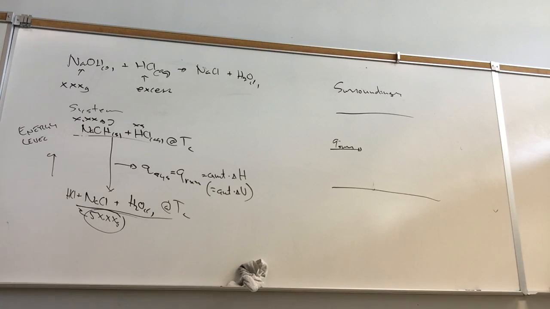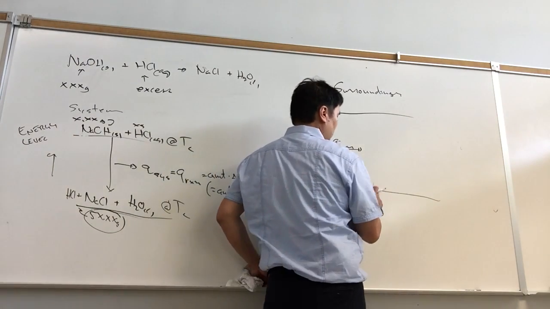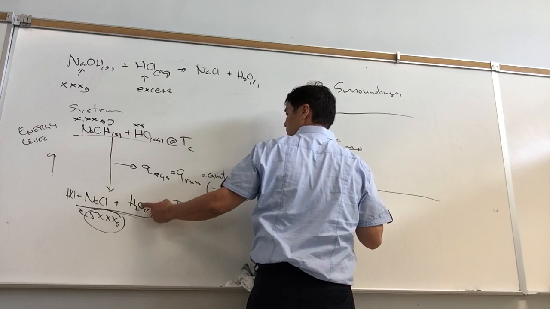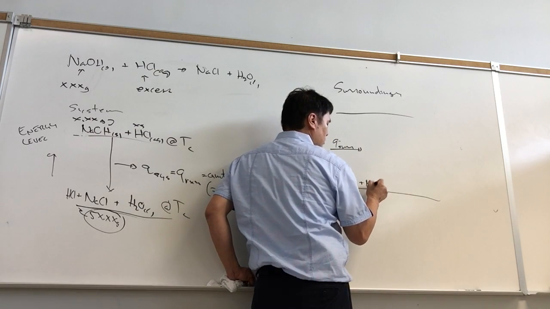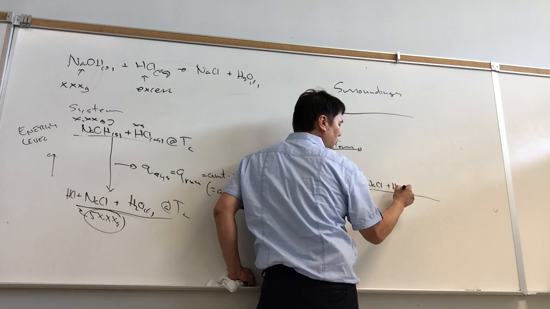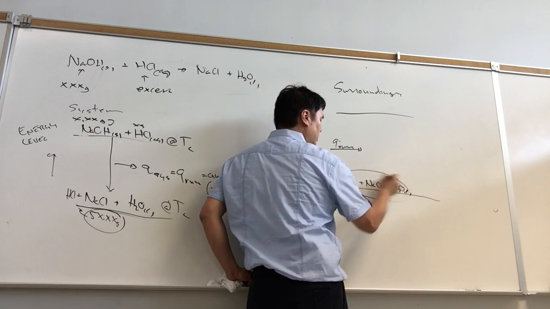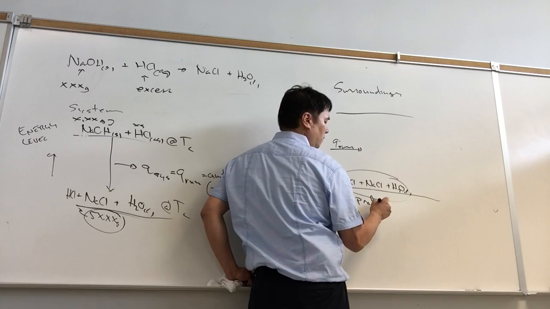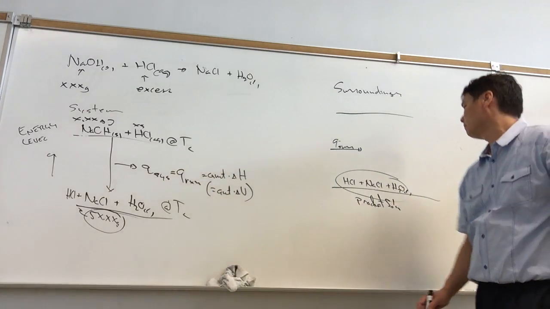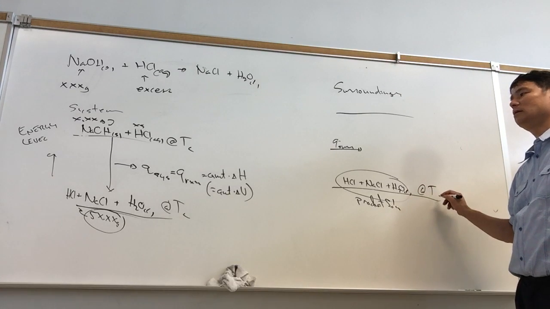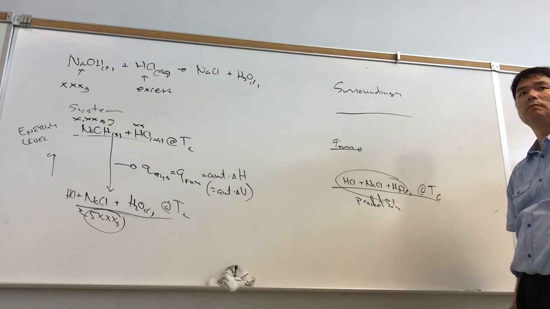Well, I don't have time, unfortunately. I've got to keep moving because I need to discuss some other stuff as well. The surroundings are going to be the HCl, sodium chloride, and water, what we call the product solution. Product solution at T cold.